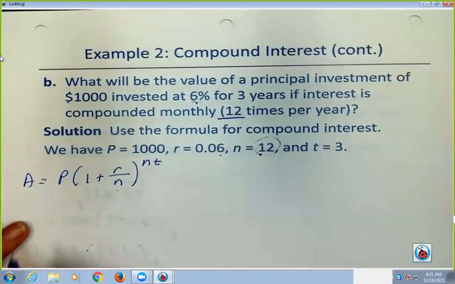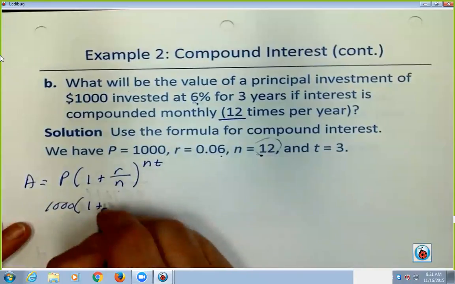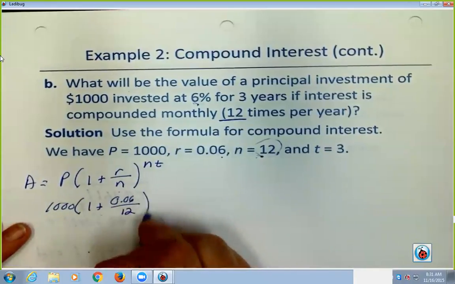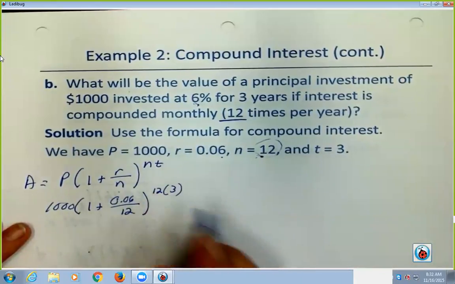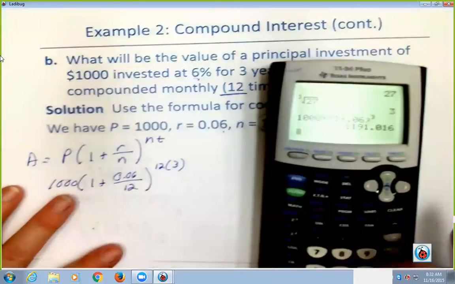So plug them in. So you got 1,000 times 1 plus 0.06 all over 12, and 12 times 3 on the outside. And then we stick all that into our calculator and see what we end up with.